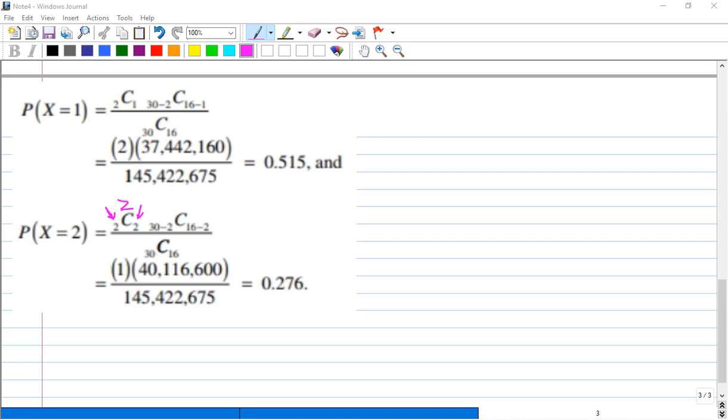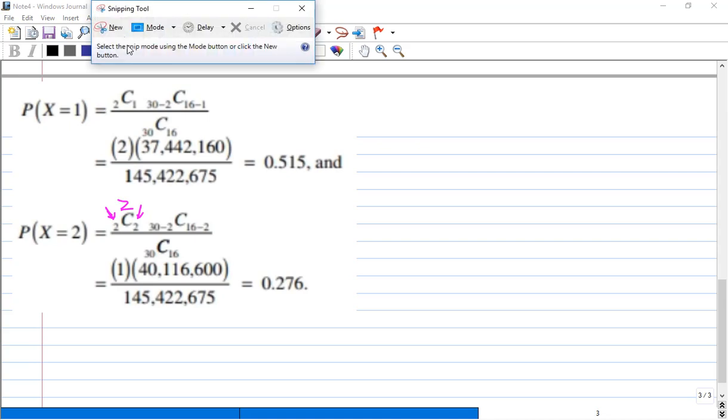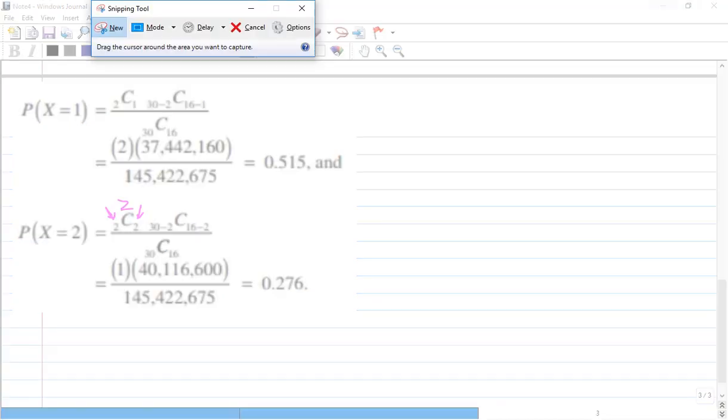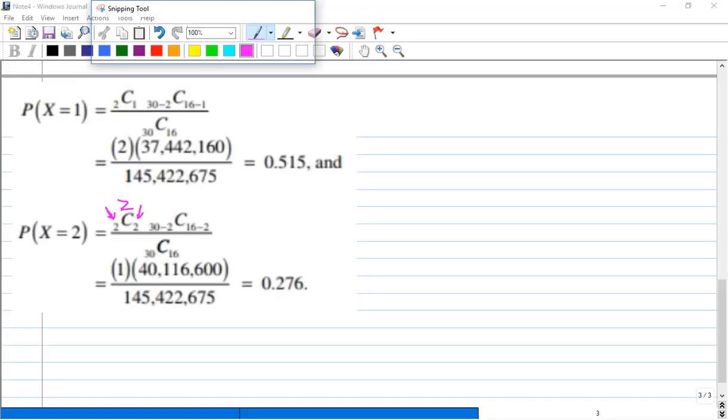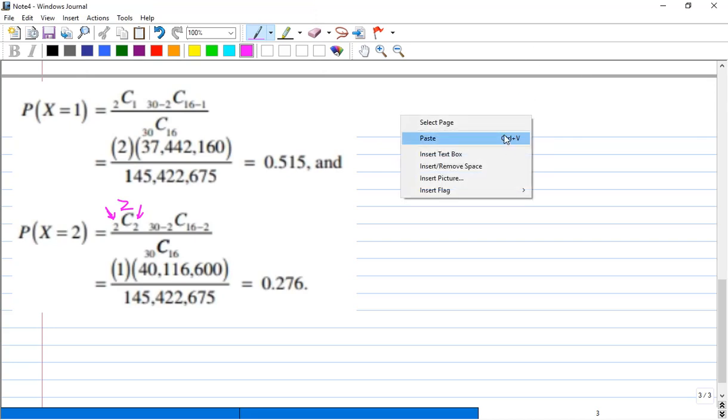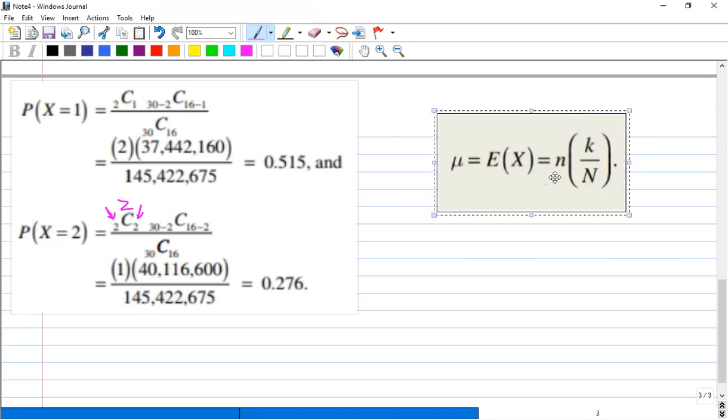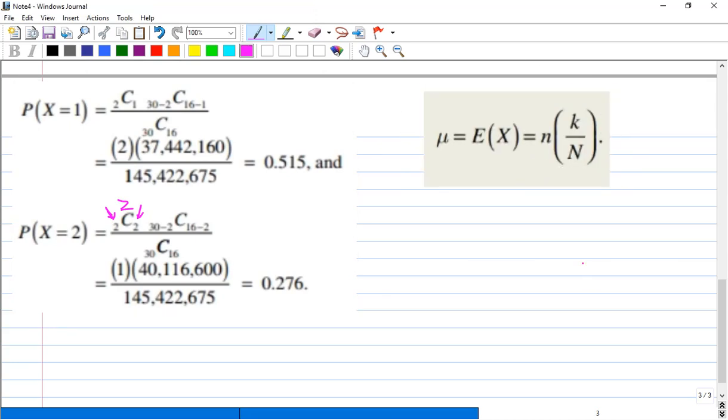All right, some more formulas that you might need would be the formula for the mean or the expected value. That's also in the PowerPoints. But here's the formula for the mean if you need it. It's not very hard to find, right?